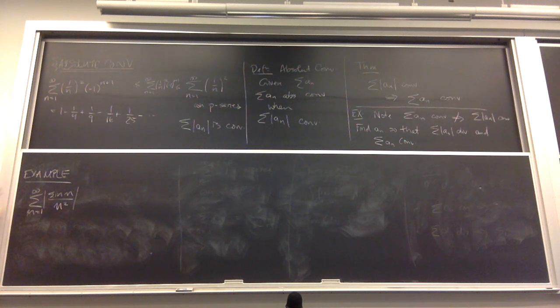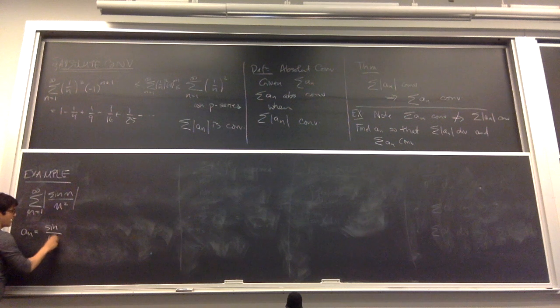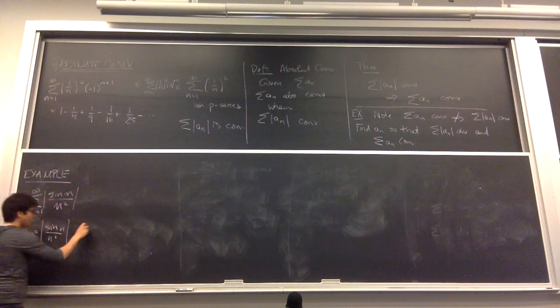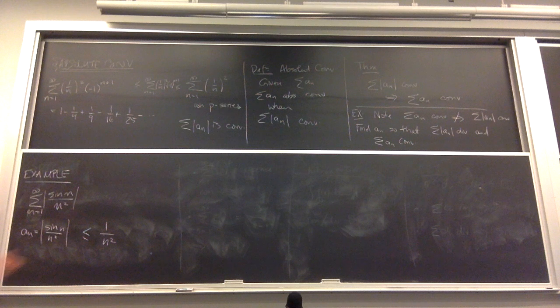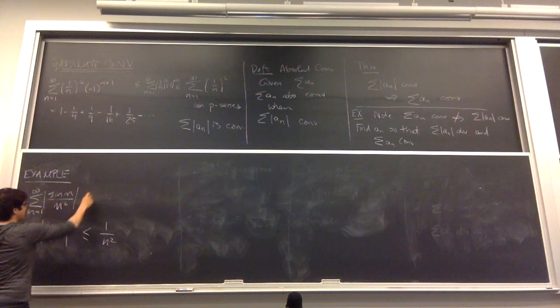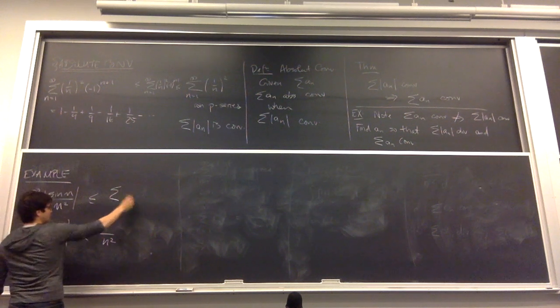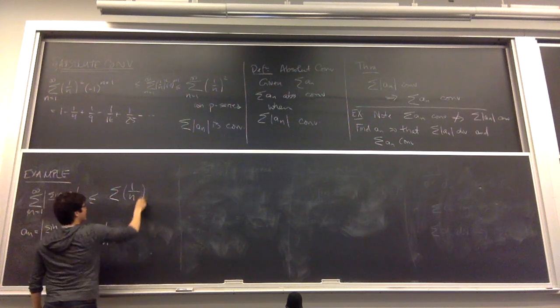What you need to apply is the comparison test. Suppose a_n is sine n over n squared. The absolute value of this is always less than or equal to 1 over n squared, because the biggest sine can be is 1. And that series converges. Each term is less than this, so this sum is less than or equal to that sum.